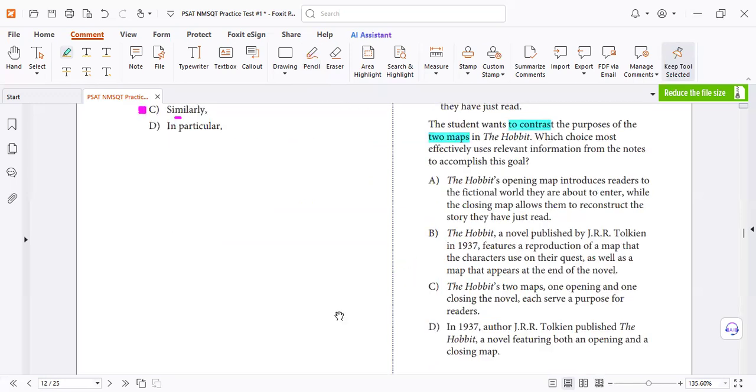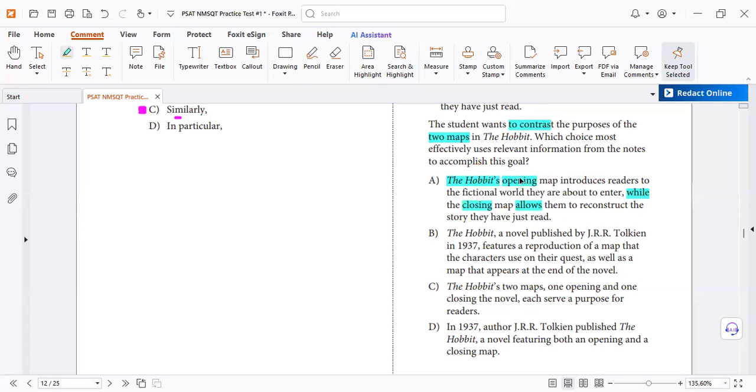Now we need to find which sentence mentions contrast. So go for it. This one is C. We found while. So while is used to show contrast, and he mentioned the two purposes: the opening introduces and the closing allows.